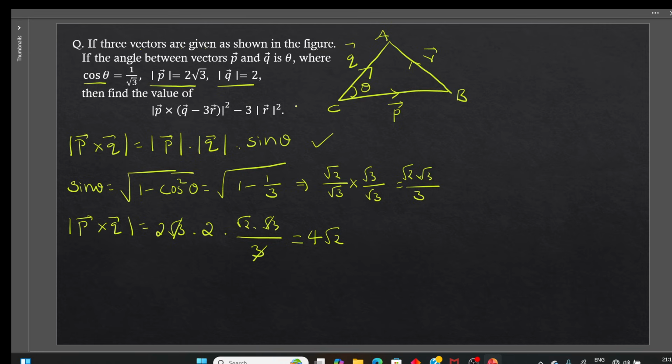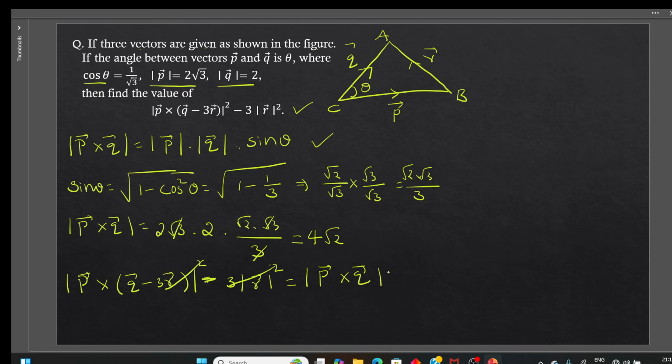And here we need to find modulus of (P vector cross Q vector minus 3R vector) whole square minus 3 into modulus of R vector whole square. When the coefficients of R vectors are the same, these values cancel, and the remaining is modulus of P vector cross Q vector, in simplest form.